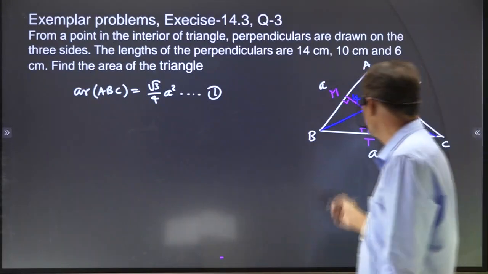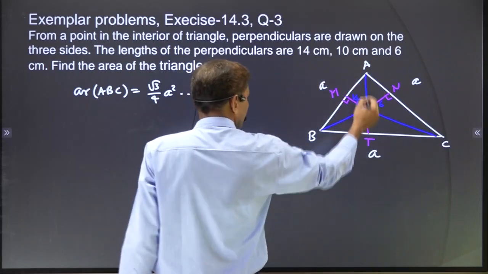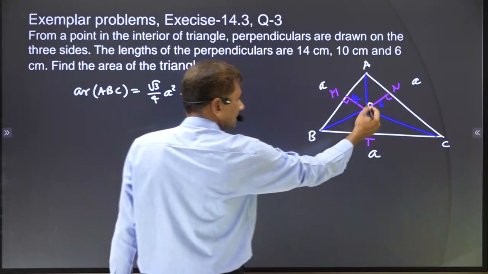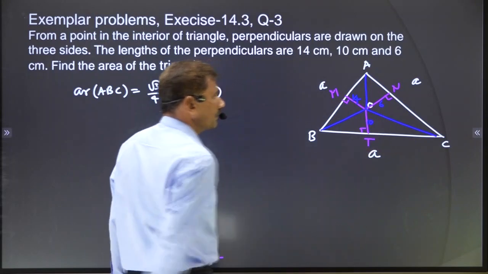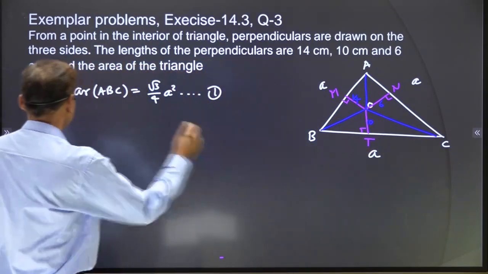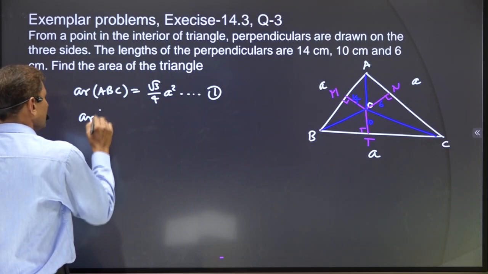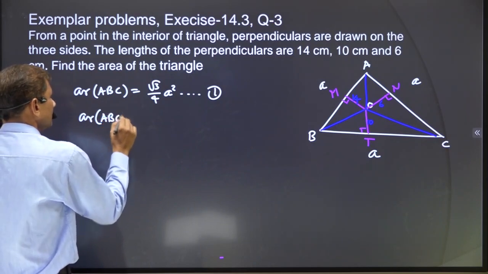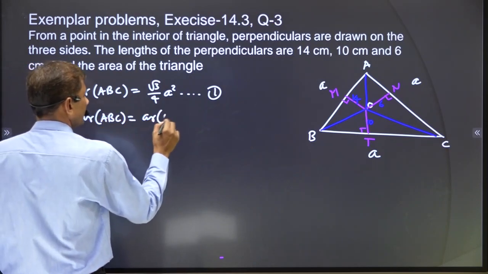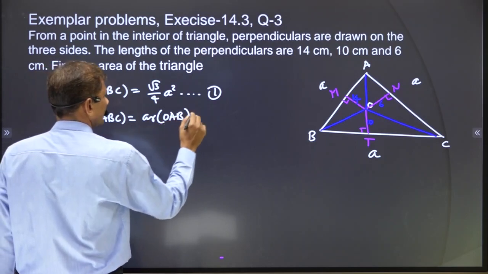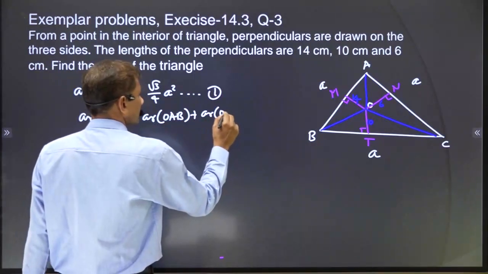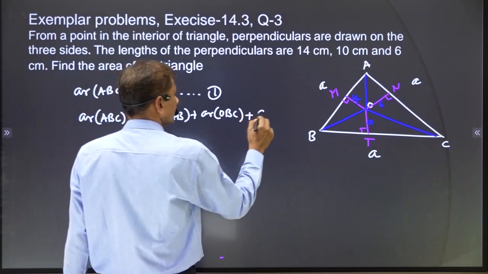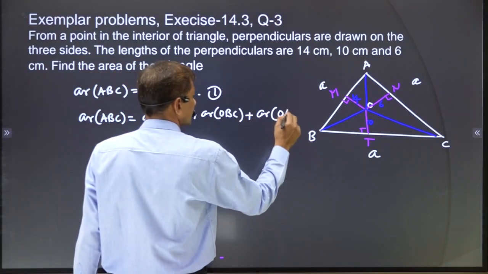How? Now we have three triangles, as we drew with blue lines OA, OB and OC. So I can say area of ABC is equal to area of OAB plus area of OBC plus area of OAC.